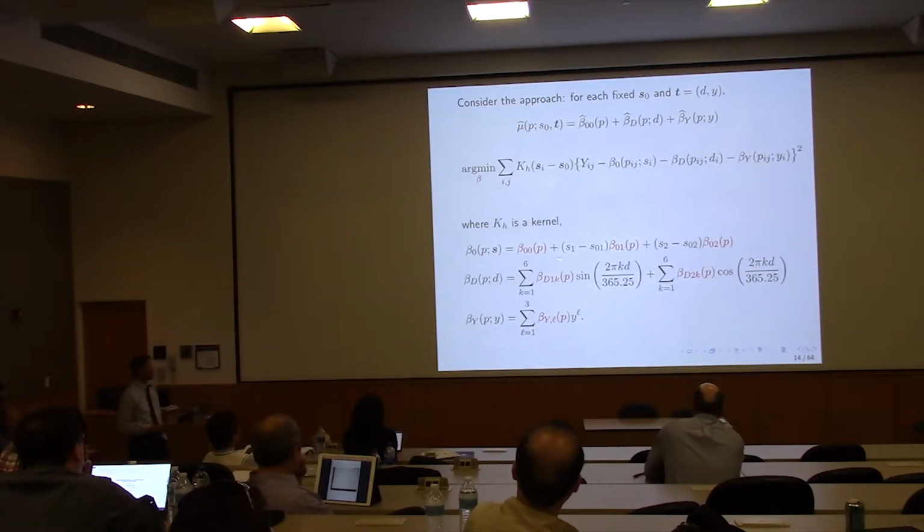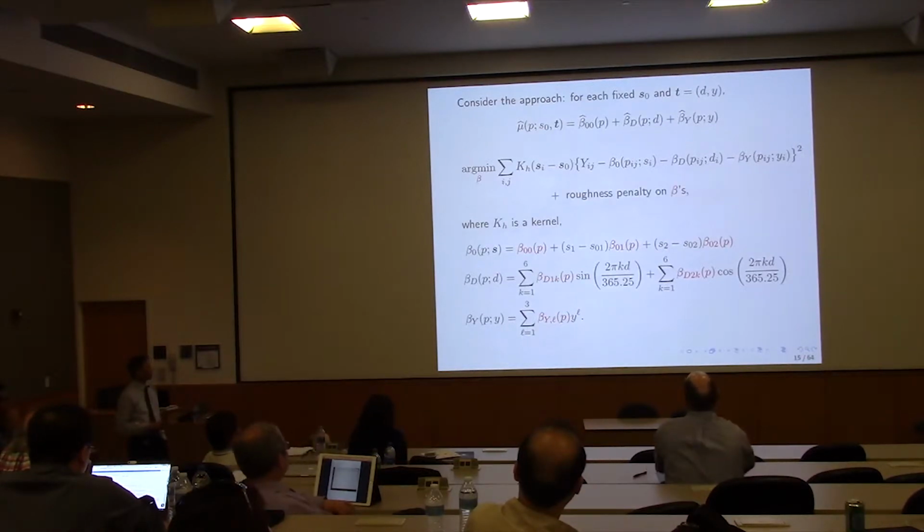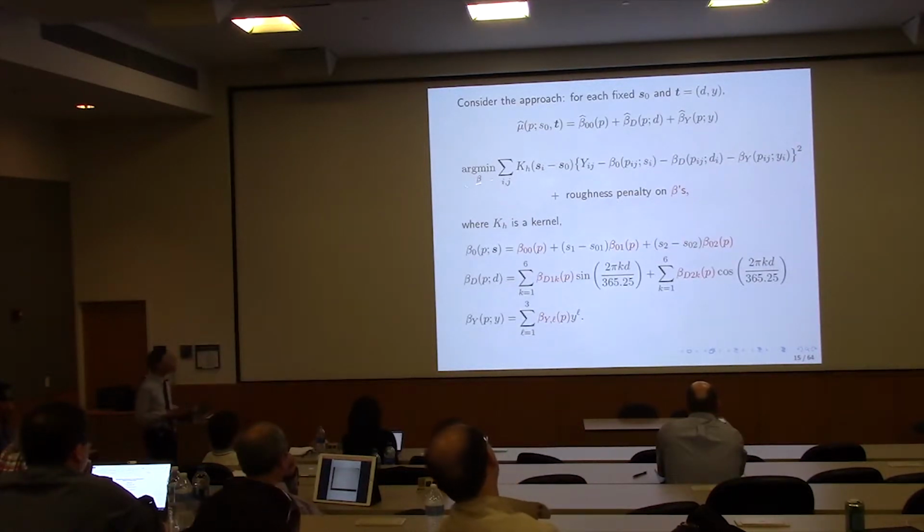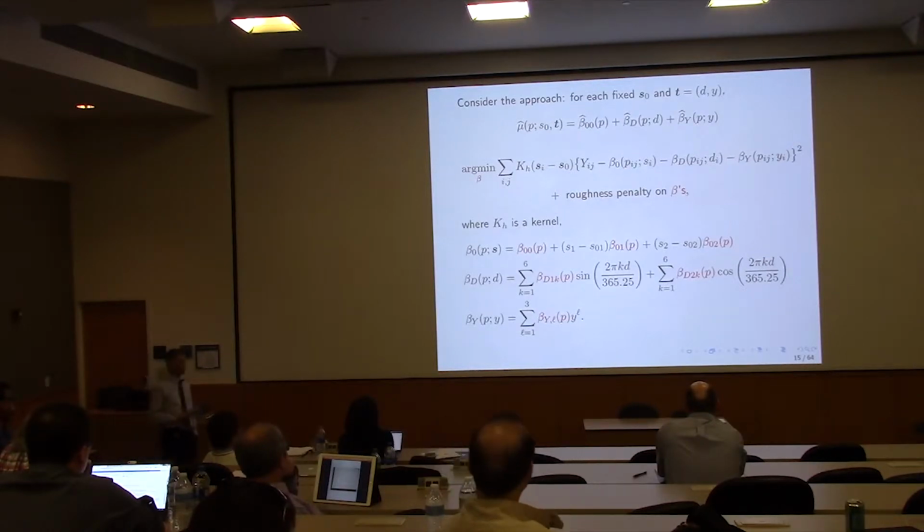And I want to make sure that these functions are smooth. So the quantities in red are functions, and they're the ones I'm estimating. So I'm assuming these functions are smooth, so let me just add a penalty to all the betas. As you can see, this is a kind of hybrid approach which combines local linear regression, kernel local linear regression, and the penalized approach.